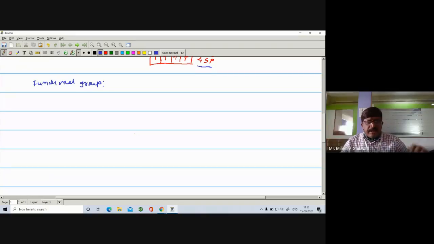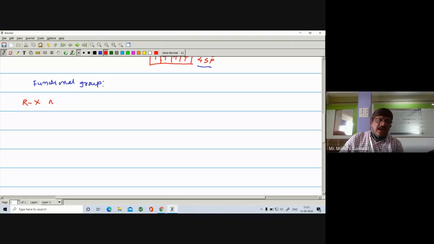Right, this is right. The definition is near to right. What is meant by functional group? Look here, now take this example. A simple example is RX, the alkyl halide.